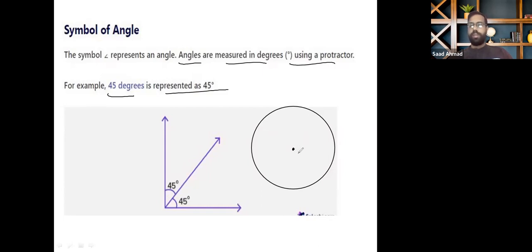Then one part, how open it was, they called that 1 degree. 1 degree is in reference to the 360 degrees. In a circle there are 360 equal parts that we divide the circle into, and the angle of one part is 1 degree, right?